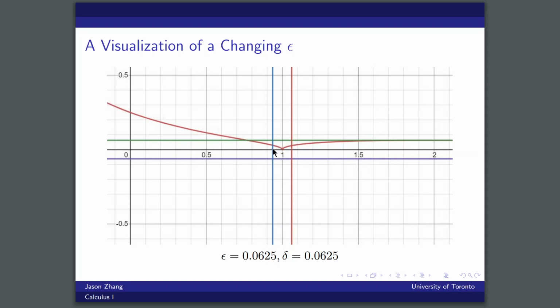And we can see that even still, in this box, the function does not cross the green or the purple line. And we can keep doing this, but we've shown mathematically that as we shrink epsilon, delta should shrink accordingly so that this function should never cross the upper or lower bounds that are defined by epsilon, and therefore the limit of this function as x approaches 1 is equal to 0.